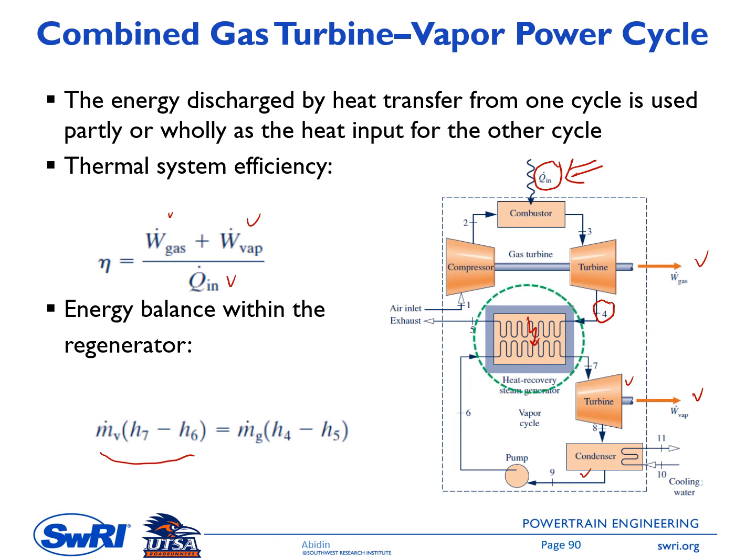This represents the heat received by the steam working fluid, equal to the energy discharged by the gas stream side here, so m_g times (h4 minus h5). Okay, so once we have h7, h6, h4, and h5, we should be able to get the ratio of m_v over m_g.